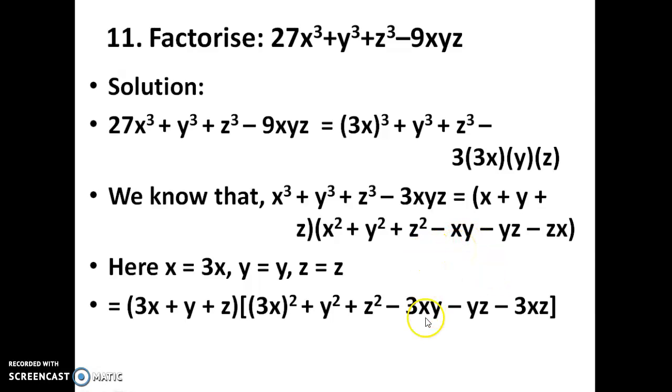So we will write 3xy, then yz, and in place of x we will write 3x, so we will get 3xz.